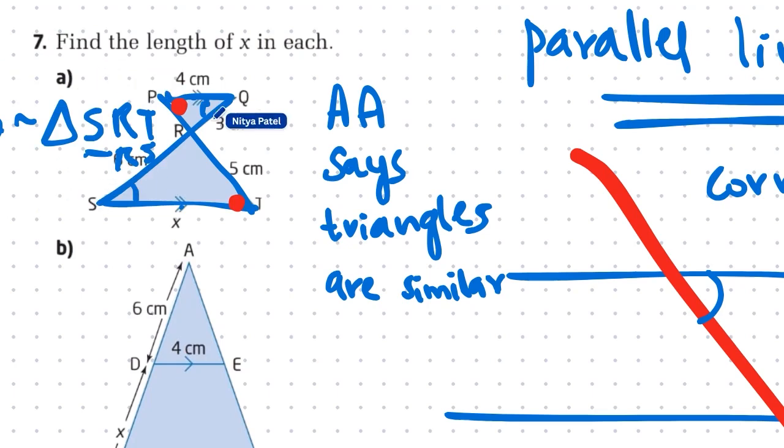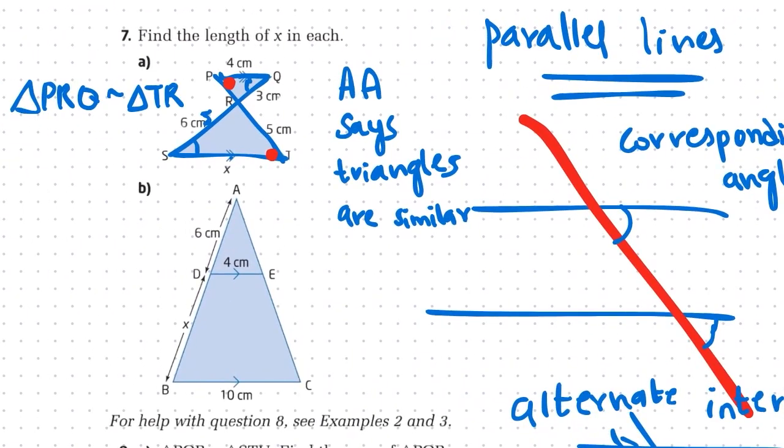This P should be equal to what angle? T, right? So TRS. Triangle TRS, okay. So this is a correct statement.